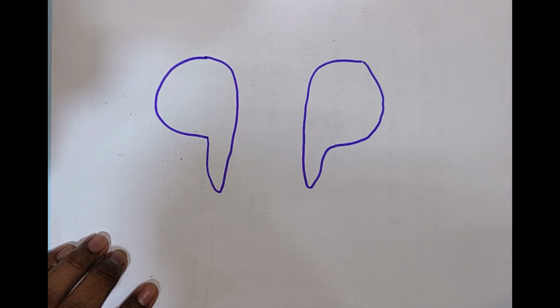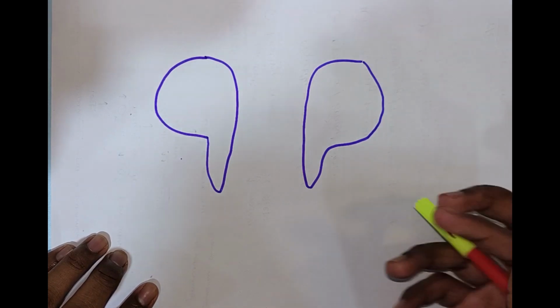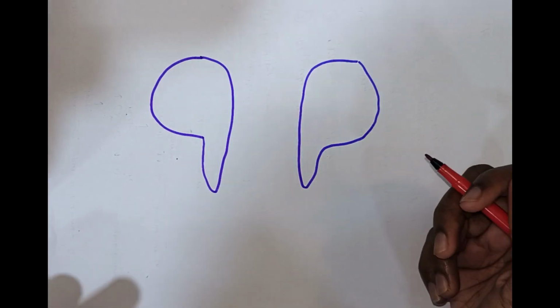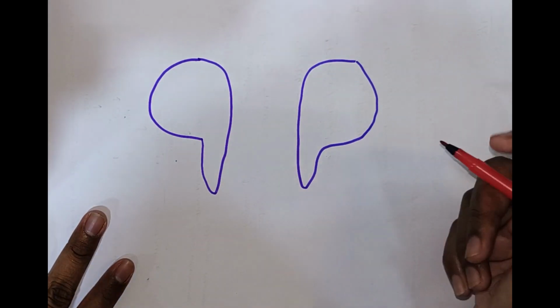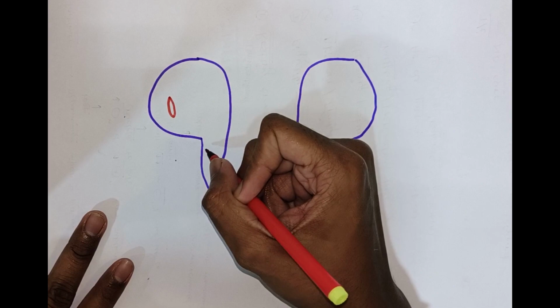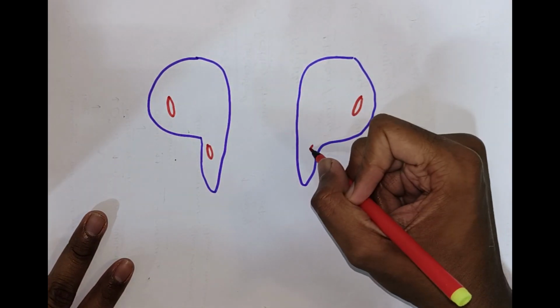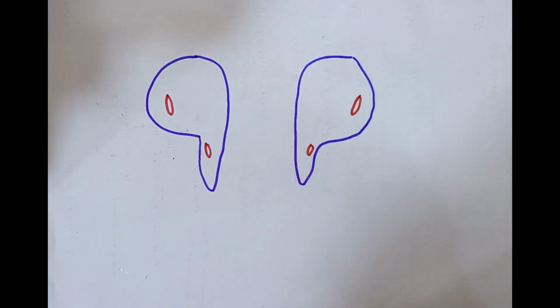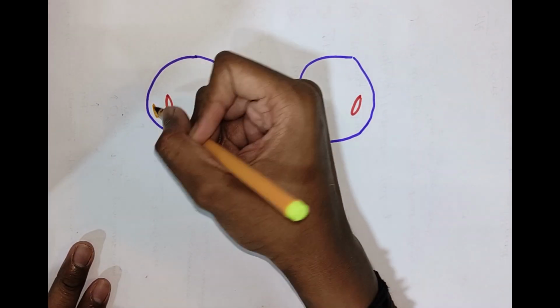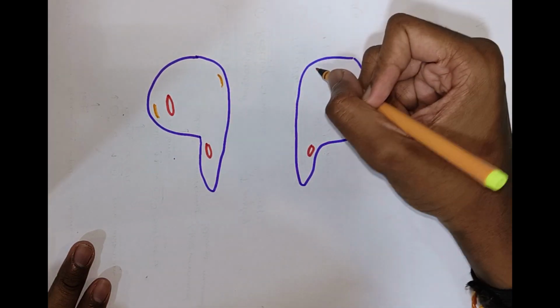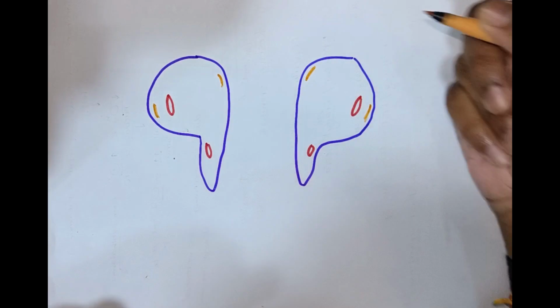So let us practice making the diagrams for the hilum of the lungs. It is very easy. Let us first begin with the structures which are common to both the hilum. First being the superior and the inferior pulmonary vein. We have the superior and the inferior pulmonary vein here. What else do we have? We have the anterior pulmonary nerve plexus and the posterior pulmonary nerve plexus.